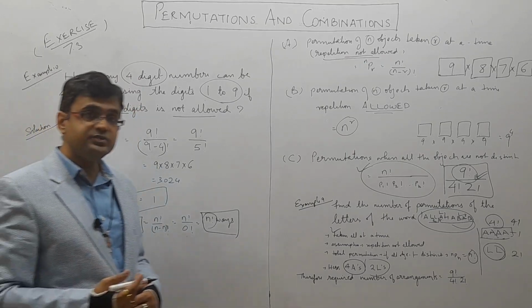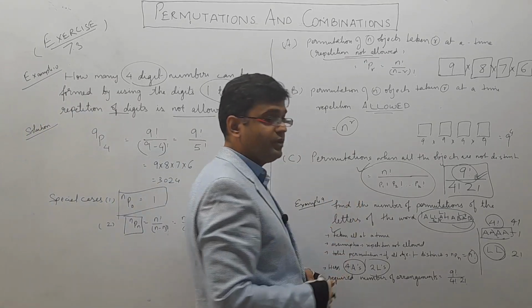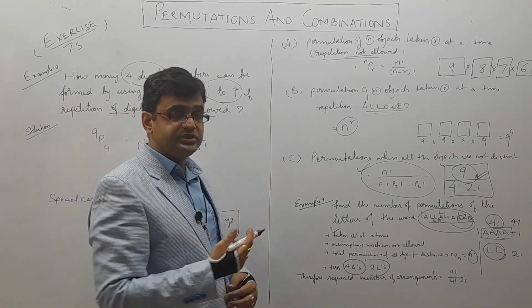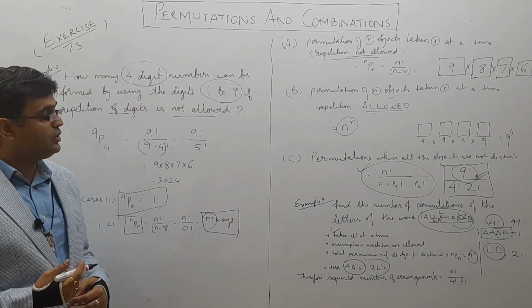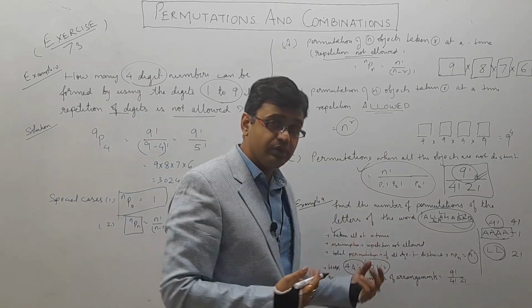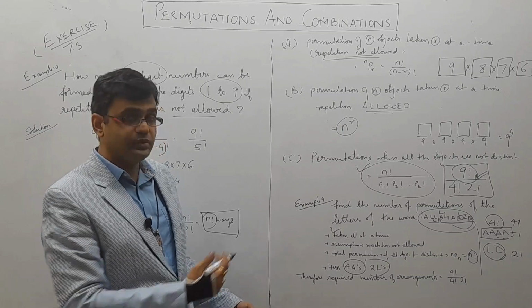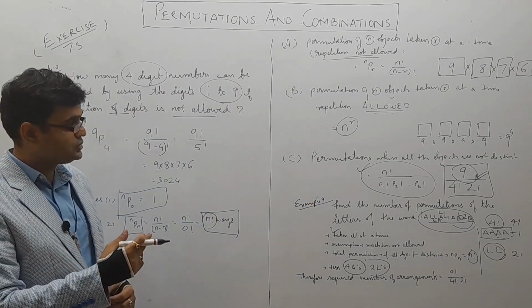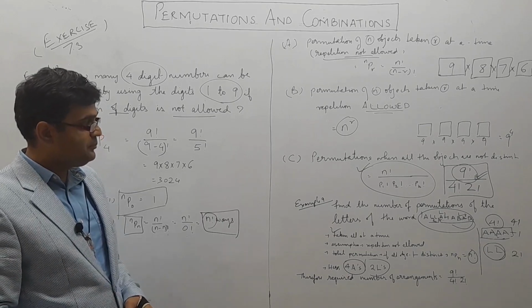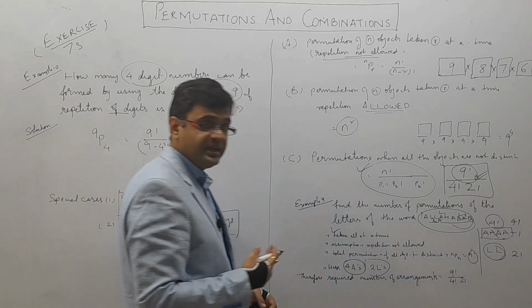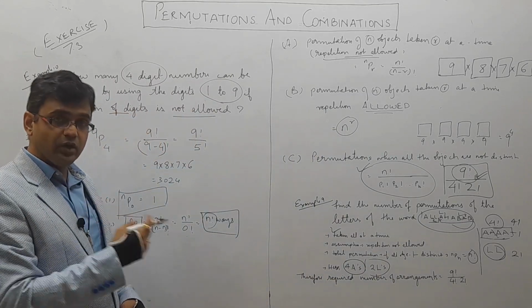In that case, we use the formula n factorial upon p1 factorial into p2 factorial, which means if there are n objects for which the permutation is required and of which p1 are of one kind, p2 are of another kind, and so on, then we use this formula, n factorial upon p1 factorial into p2 factorial, and so on. You have seen one example here where there were 4 A's and 2 L's, and there were in all 9 objects.